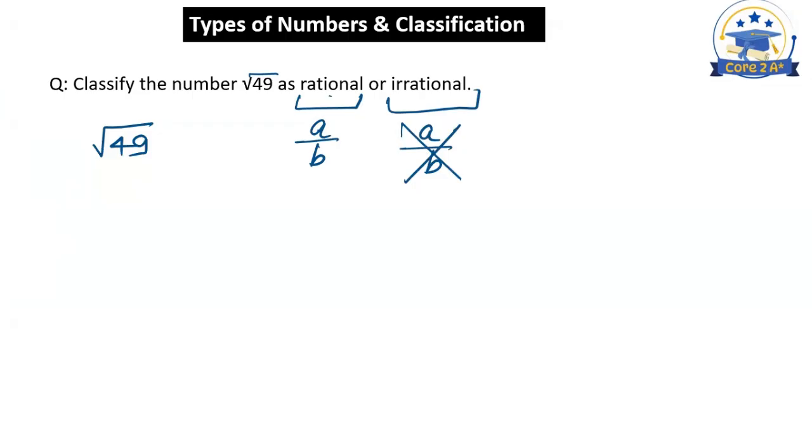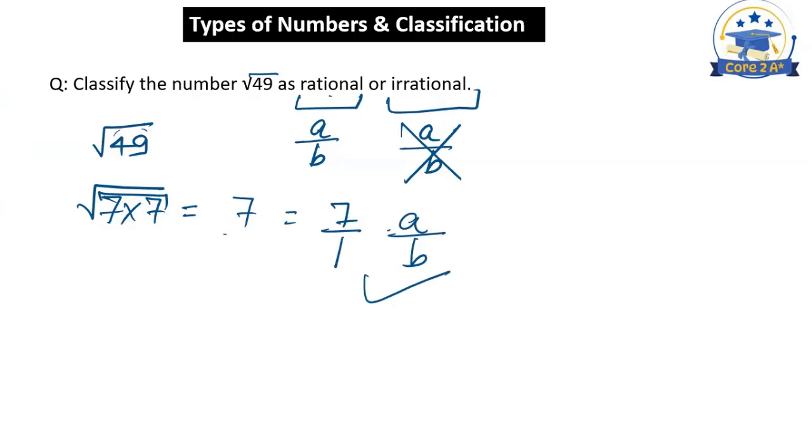So let's see, in case of 49, if we do factorization, we will get 7 times 7, right? And here we got one pair of 7. So what's the value we are getting? 7. And we can write 7 as 7 upon 1, right? It means we can write in A upon B form. So yes, this is a rational number, not an irrational number.